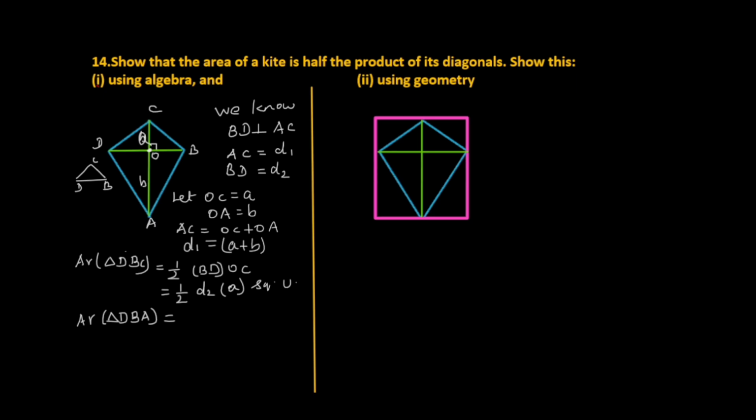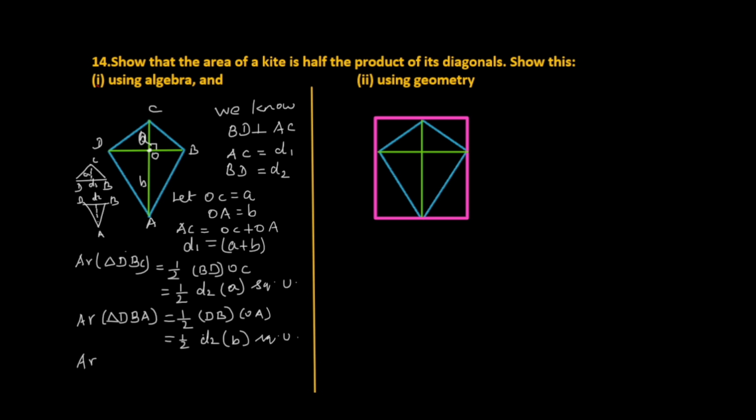One triangle is DBC, another triangle is DBA. Here we have DB as D2 and the perpendicular distance is A. Here also D2, and the perpendicular distance is B. So half into the same base DB into a different height OA square units. So half into D2, OA is B square units.